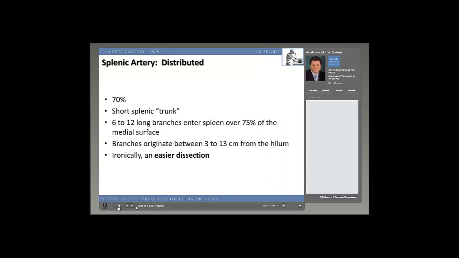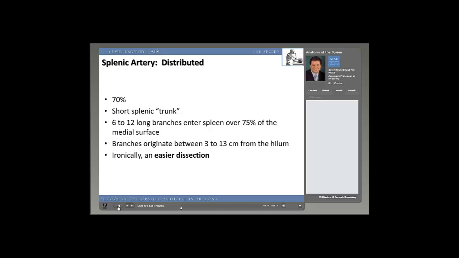The anatomy of the splenic artery is usually divided into two different varieties, the distributed form and the bundled form. We'll look at a picture of both in just a second. The distributed form refers to the fact that the splenic artery branches out and enters the hilum over a wide distance of the spleen, covering about 75% of the medial surface.